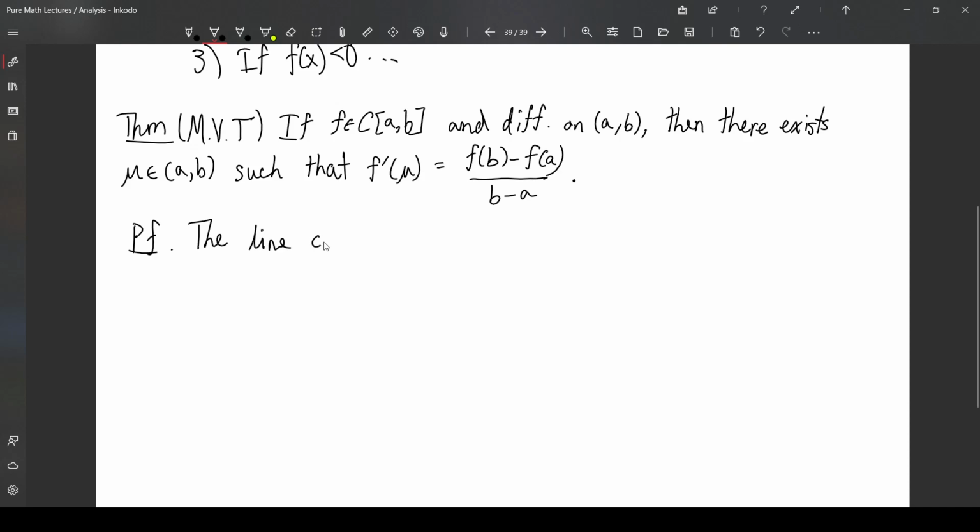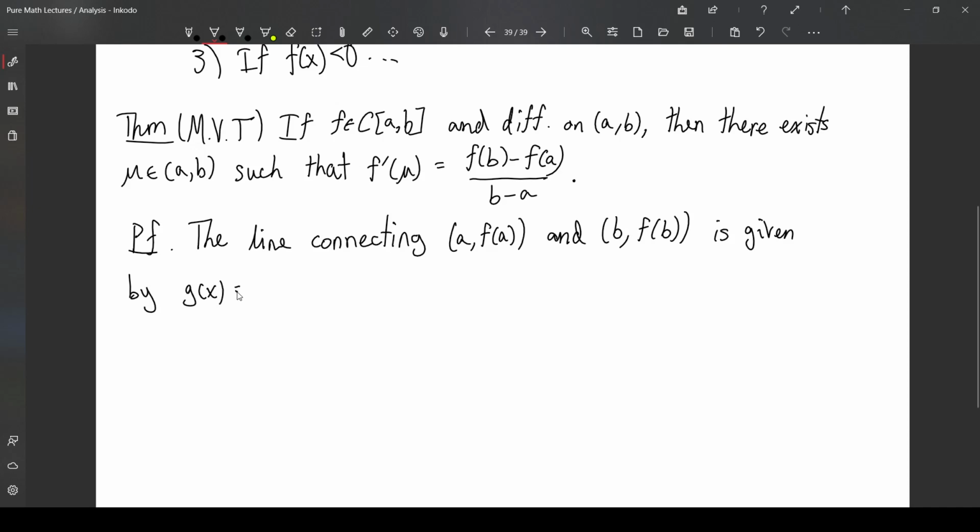So the way we do that is first finding the line connecting the point a comma f of a and b comma f of b. This line is given by g of x equal to f of a plus f of b minus f of a over b minus a times x minus a.